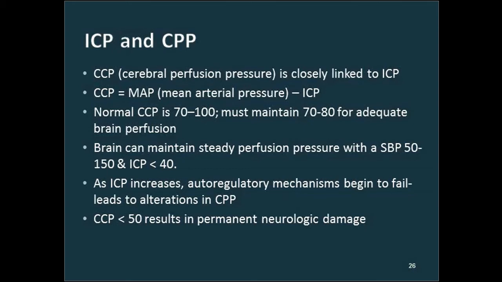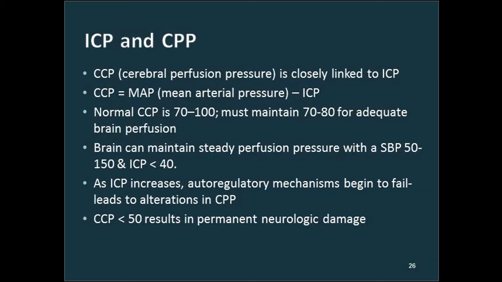The brain can maintain and be just fine. As ICP increases, all of that autoregulatory process that I was talking about with the CO2 and all of that stuff begins to fail. And so ultimately cerebral perfusion pressures get jacked up.